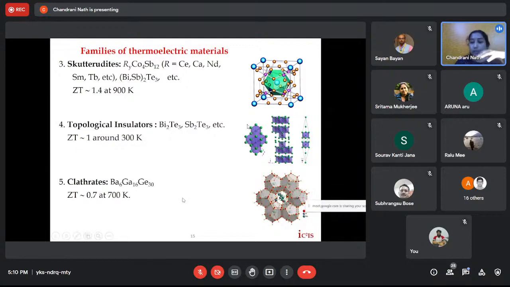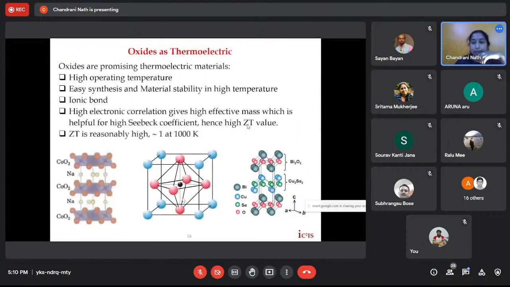I will not go into detail on these. My main interest is in oxides as thermoelectrics. Why? Because these oxides have high operating temperature, very easy synthesis methods, and material availability is very easy.